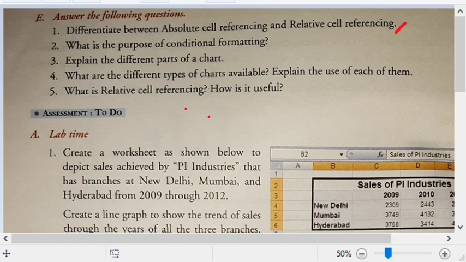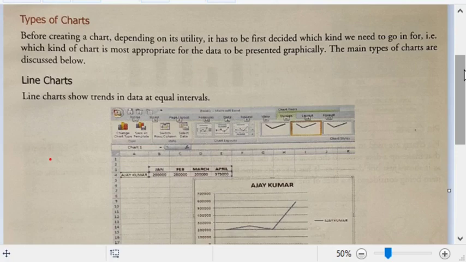Next question is, what are the different types of charts available? Explain the use of each of them. Open page number 33, types of charts. Then write the line chart, its definition, and make this picture also.